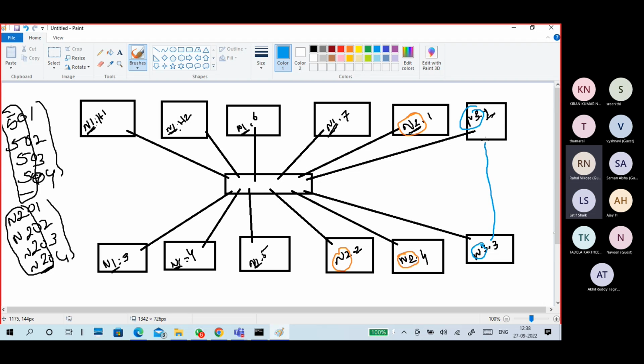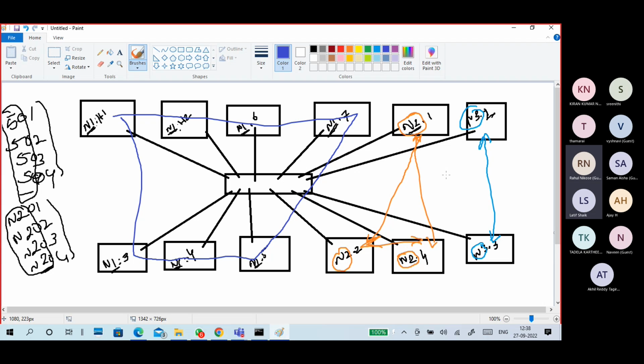It means these devices will communicate with each other and cannot communicate with others. They won't communicate with others.